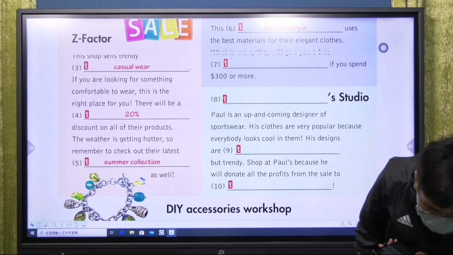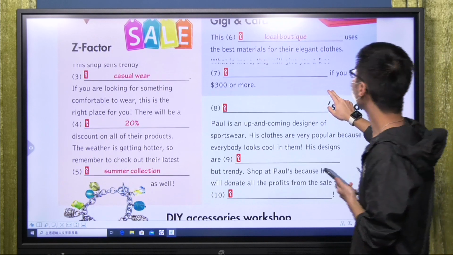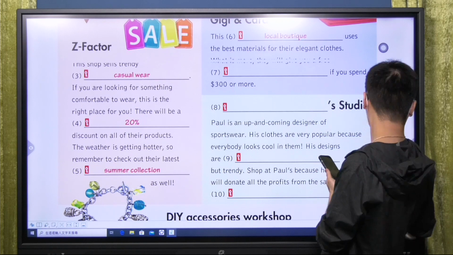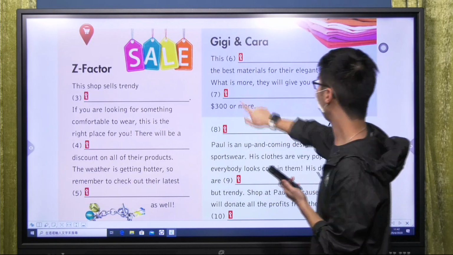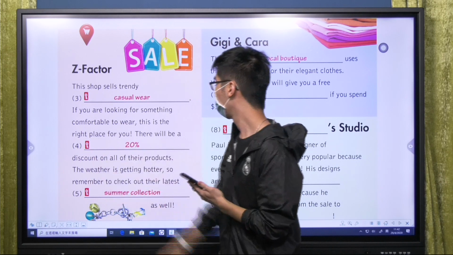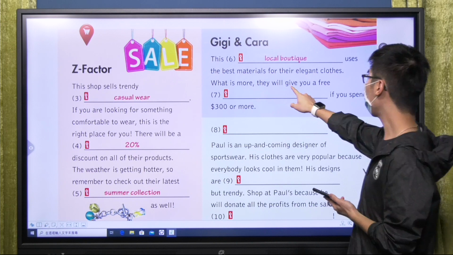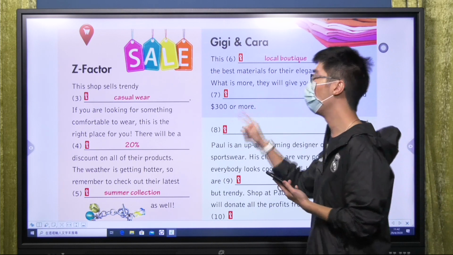And then the clothes are very popular. You can see here, okay, right here. What is more, they will give you a free watch if you spend 300 or more.